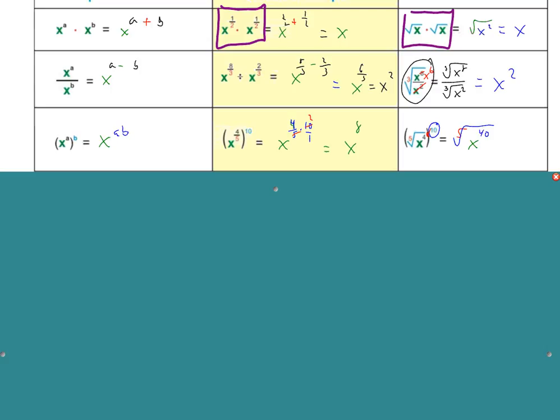Because don't we now end up at x to the 8th? Do you agree? We do, right? Because isn't the 5th root of x to the 40th, 40 divided by 5, 8? So what you want to learn on this one is, again, the fact that you can take this 10 exponent and multiply it right here. That's what you're trying to take away from that example. Okay?